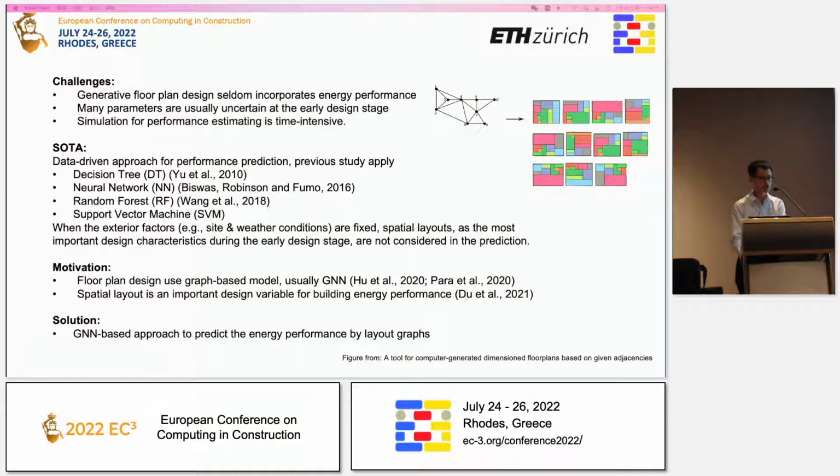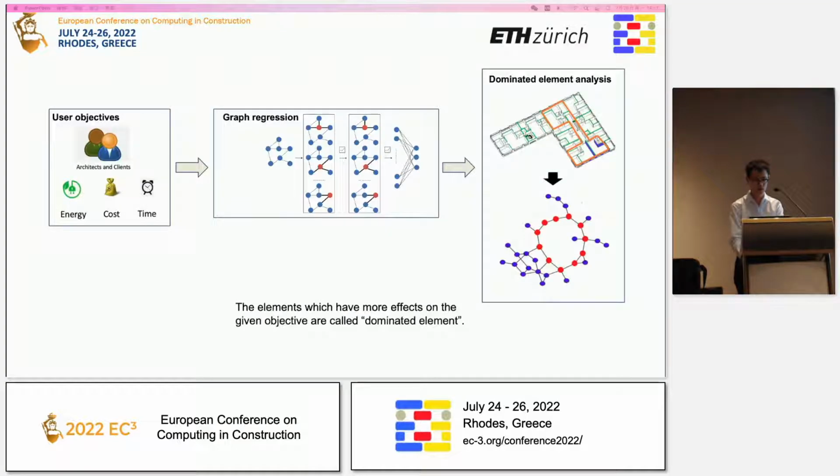Given that, we propose a methodology. We use a GNN-based approach. GNN stands for graph neural networks, to predict the energy performance using the layout graphs. The methodology can be applied to other engineering domains, for example, construction cost and time estimation. In general, this methodology contains two parts.